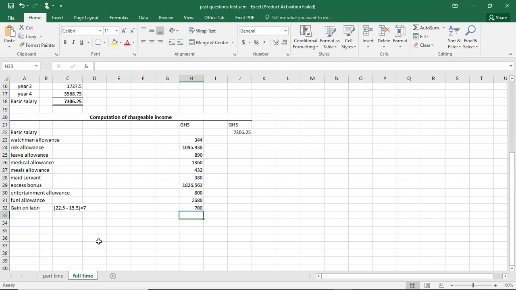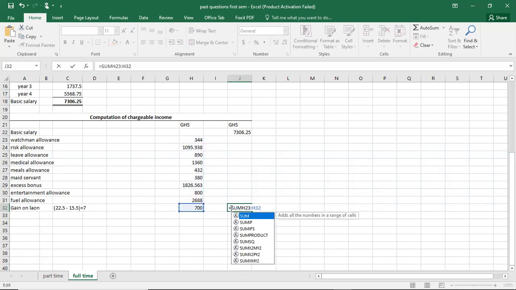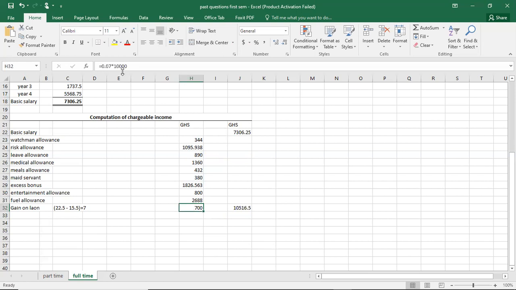So basically, these are the allowances or the cash benefits. So if I should sum up all these, at the end of the day, my total allowances is going to be equal to 10,516.5.